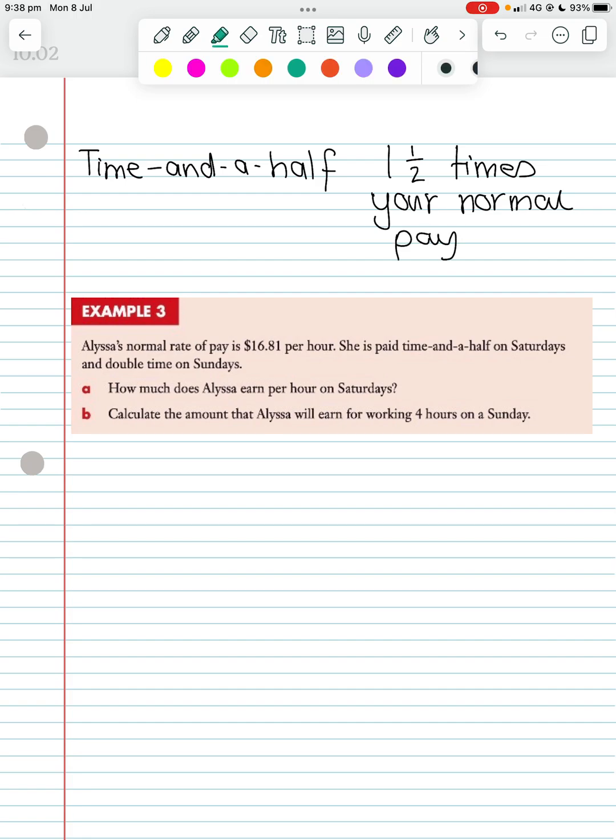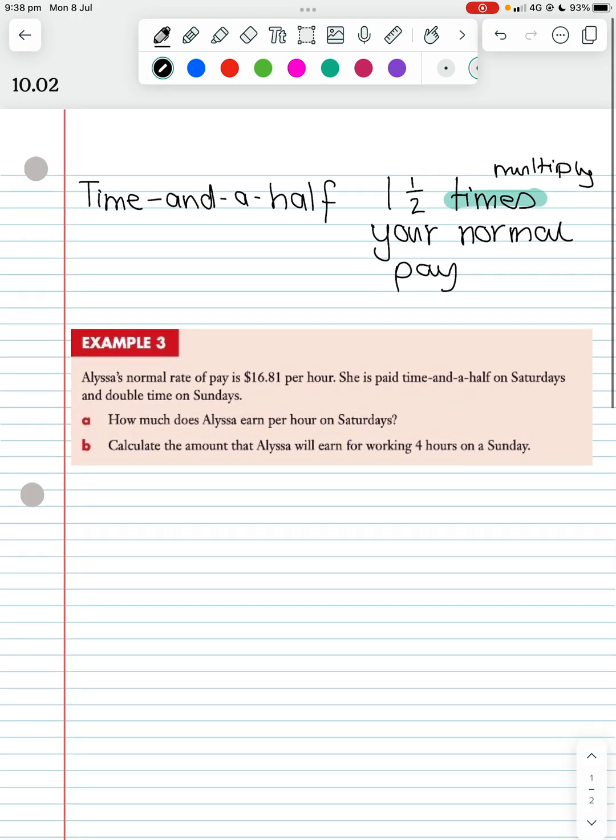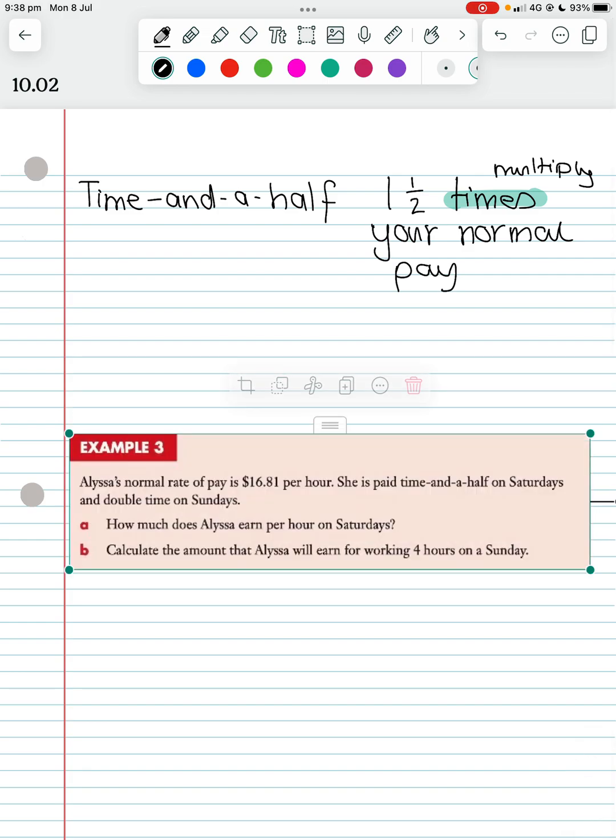Now, times, remember, is the same as multiply. So if you're earning time and a half, you're going to multiply whatever your normal rate is by 1.5.